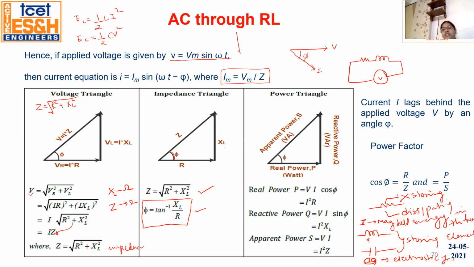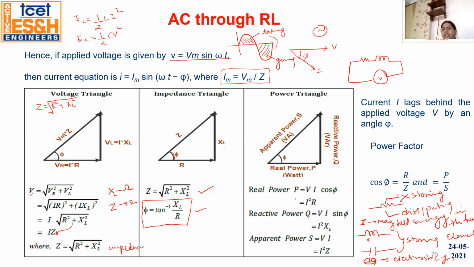As you supply this inductor and capacitor with AC, both take the energy in one cycle and give it back to the source in the next cycle. So in the first cycle they are taking the energy, and in the second cycle they are giving the energy to the source. So they are not consuming any type of power.